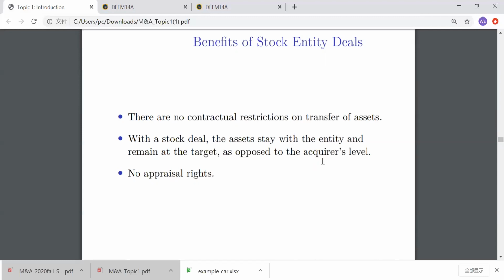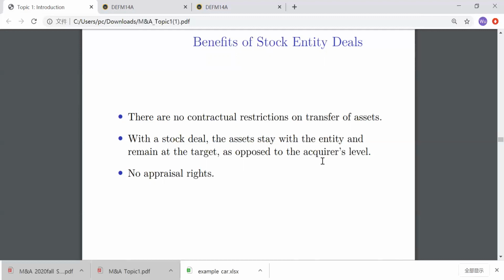In most cases, the Delaware court will say that the actual value of the target is higher than the offer price the acquirer paid. So in that case, you can see the shareholders who want appraisal rights at a court will typically win. And actually, they can profit from the difference between the offer price and the price that is awarded by the Delaware court. So that would be costly for the M&A.